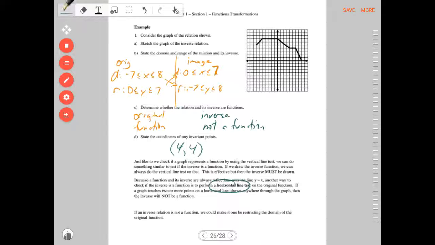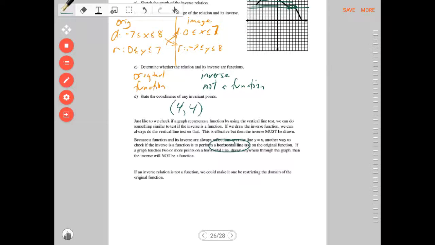But if I want to know if the inverse will be a function without actually drawing it, all I have to do is do the horizontal line test here. Okay, the horizontal line test fails right here because it touches all those points. So this guy failed the horizontal line test. So even though the original is a function, the inverse will not be because it failed that horizontal line test. Cool, it's a nice way of doing it without actually having to draw it.